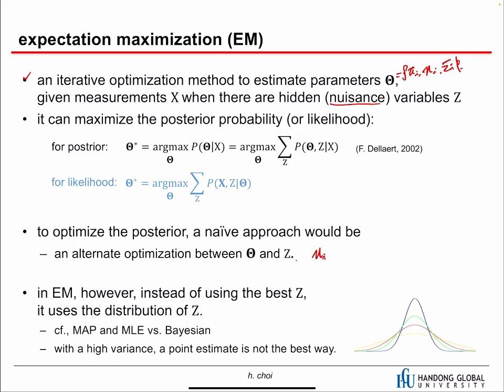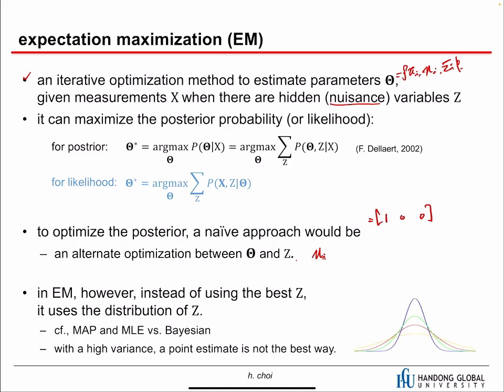Like, let's say we have 3 clusters and we have 1 0 0. This is an assignment of one sample. Okay, so for one sample, z can be a three-dimensional binary vector.